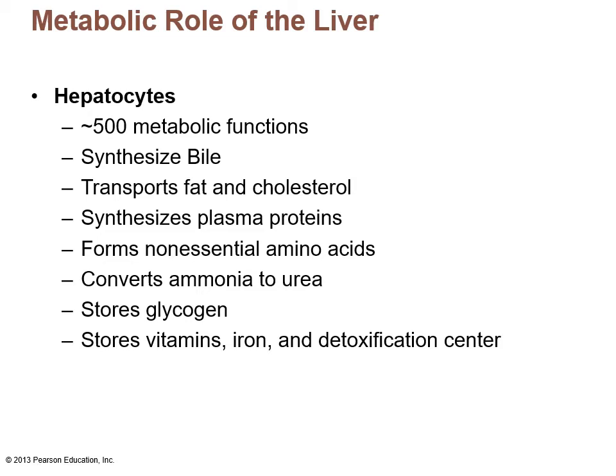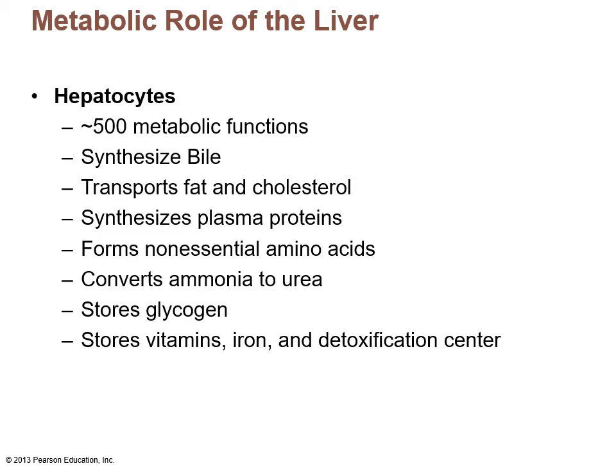Bile is our fat emulsifier to help us absorb fat. Packaging up fatty acids to be transported. So remember we talked about those lipid proteins. Synthesizing plasma proteins. So a lot of your proteins are made in the liver. Forming non-essential amino acids. So there's 12 of them that can be made in the liver. 8 are essential and have to be taken in by way of the diet.